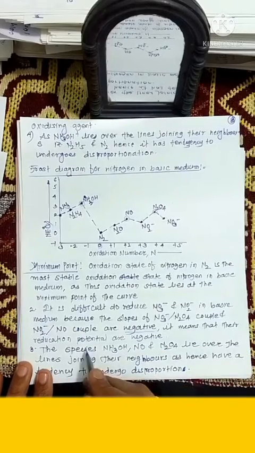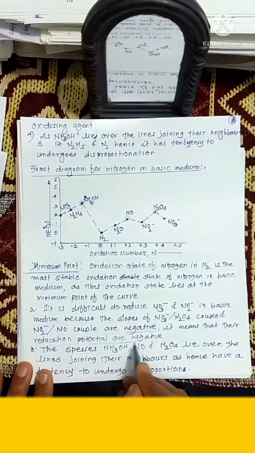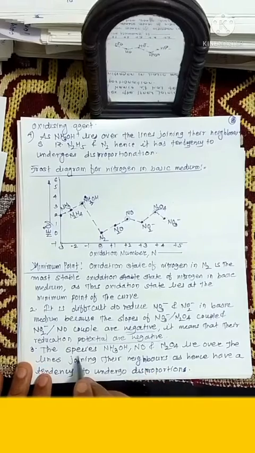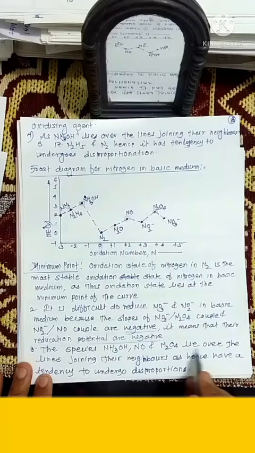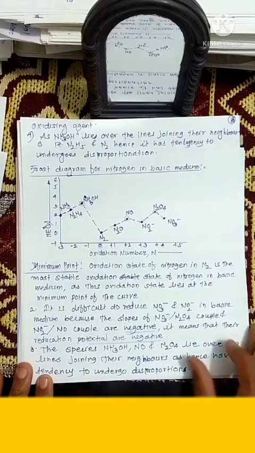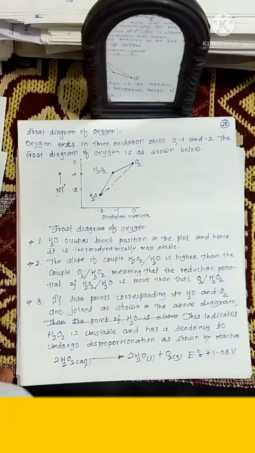It means that their reduction potentials are negative. The species NH3OH+, NO and N2O4 lie above the line joining their neighbors, and hence they have a tendency to undergo disproportionation.